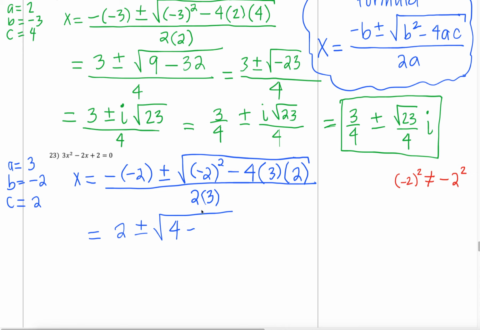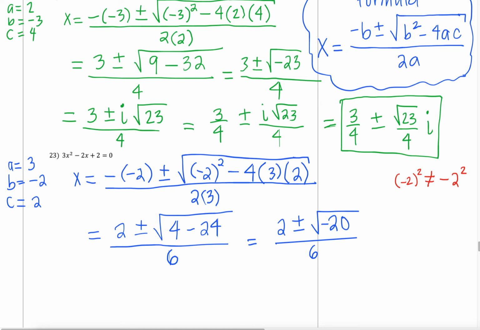And then in the denominator, we have that 2 times 3, which gives us all over 6. Okay, from here, if we keep simplifying down, we get 2 plus or minus the square root of 4 minus 24, which is going to give us a negative 20, all over that 6.